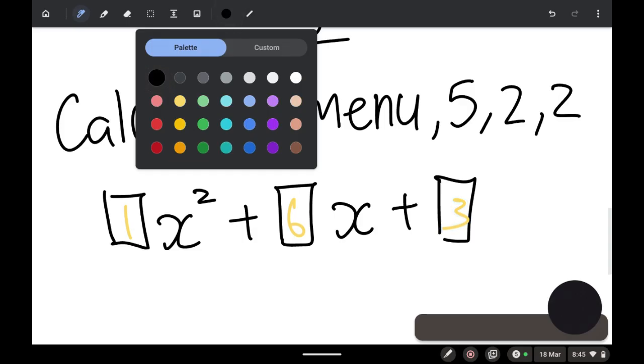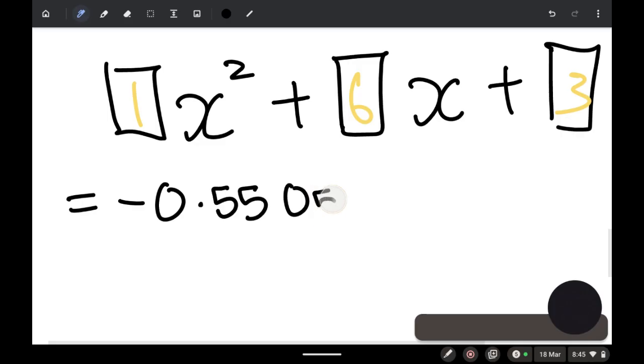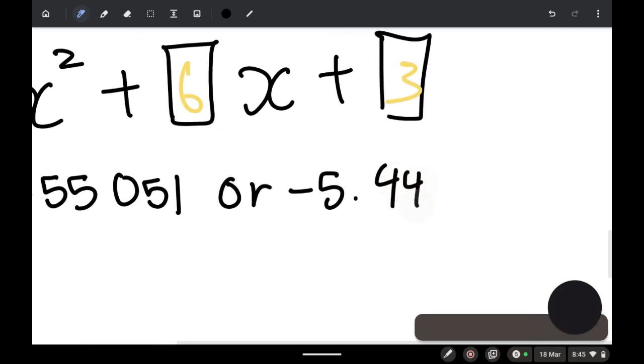Okay. Then you just press the equal sign in your calculator, and it should give you negative 0.55051 or negative 5.4495.